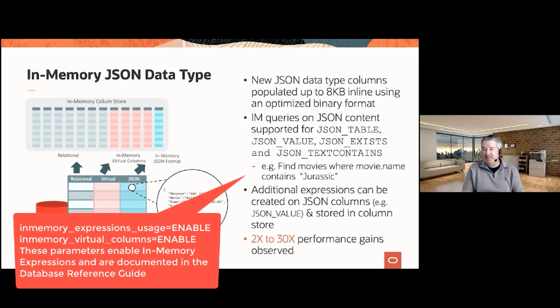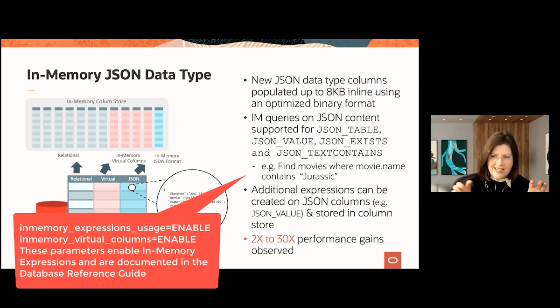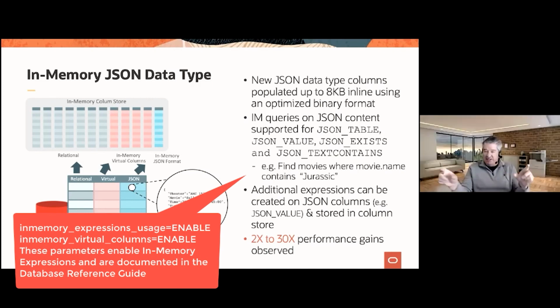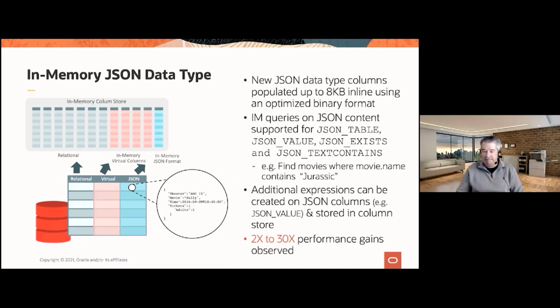So if you look at the documentation, the bottom line is that you need to set an initialization parameter associated with in-memory so that we'll automatically populate your virtual columns, and then this will automatically work. So I'll leave it at that, and I don't want to misstate the parameter name and screw anybody up. Sure. In the recording, we can add it. Oh yeah, I'll put a little blurb like I do sometimes to say what it is.